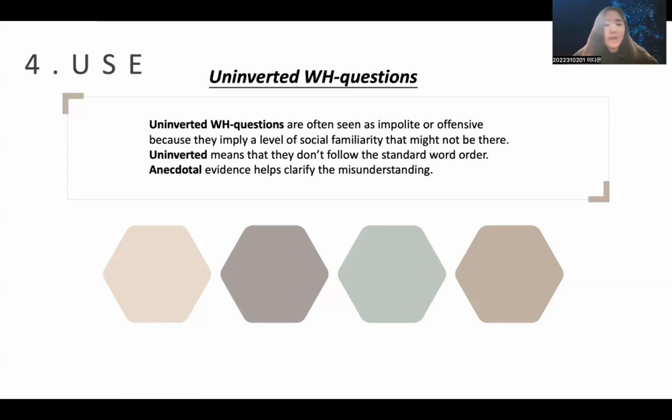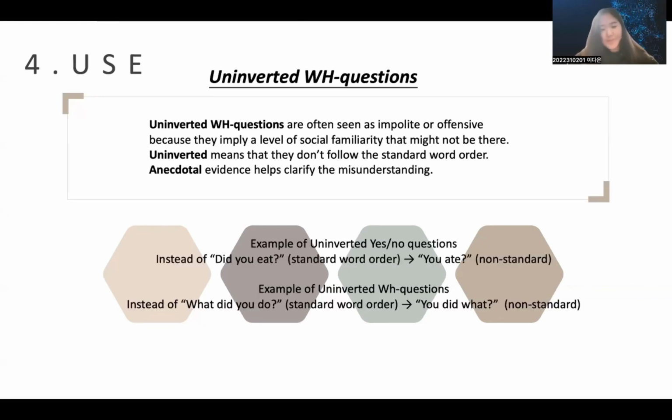For example, of uninverted yes/no questions, instead of "Did you eat?", which is the standard word order, it would be "You ate?", which is non-standard. Another example of uninverted WH questions: instead of "What did you do?", which is the standard word order, it would be "You did what?", which is non-standard.